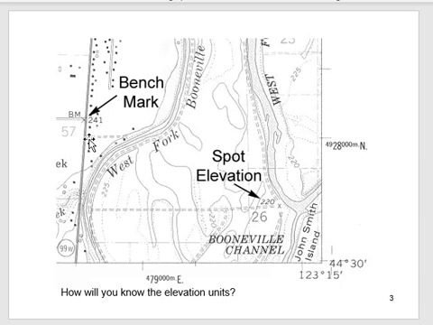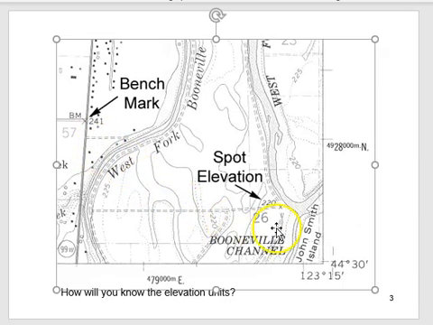Usually on a map it will tell you what the elevation dimensions are, whether it's feet, kilometers, whatever. So this is in feet, so 241 feet. You can also have something just called a spot elevation. So for example, this 220 with the X is a spot elevation. So that's one way just to get random elevation on a map.